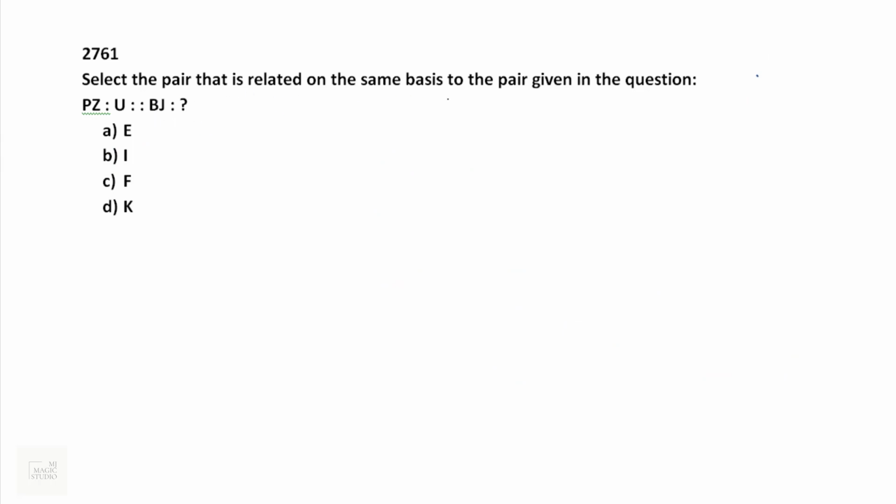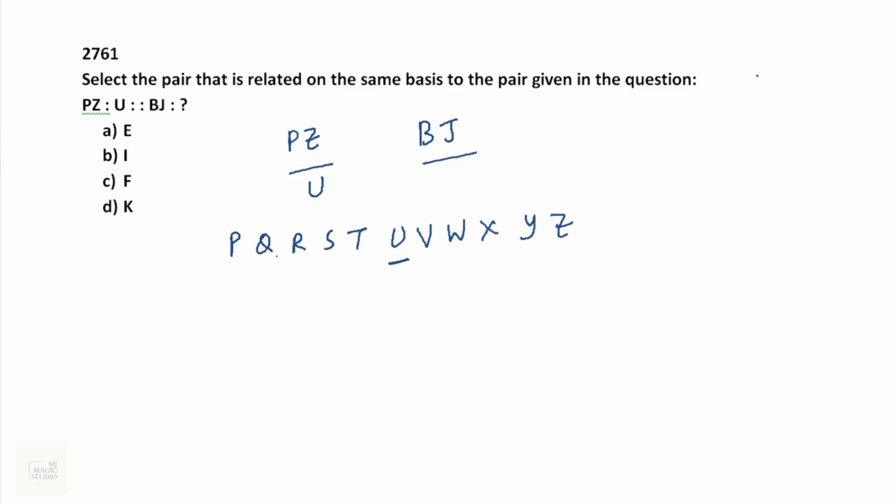Select a pair that is related on the same basis to the pair given in the question. P, Z is related to U. Similarly, we need the alphabet which is related to B, J. O, P, Q, R, S, T, U, V, W, X, Y, Z. Where is U? 1, 2, 3, 4 on one side and 1, 2, 3, 4 on the other.